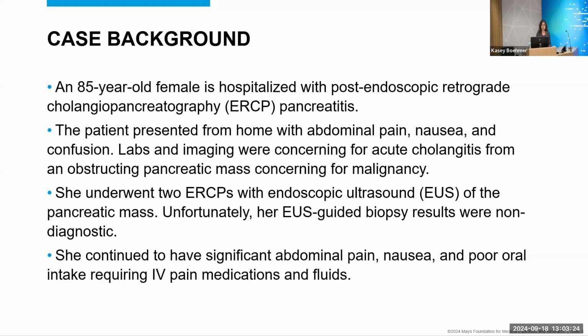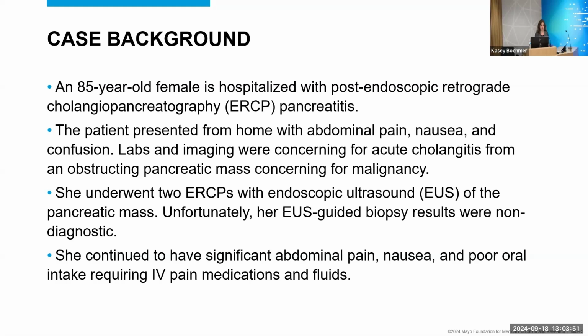So, just for a little bit of case background, this was an 85-year-old female who was hospitalized with post ERCP pancreatitis. So, she had presented from home to the emergency room with abdominal pain, nausea, vomiting, and confusion. And her labs and imaging were concerning for acute cholangitis with an obstructing pancreatic mass, concerning for malignancy.